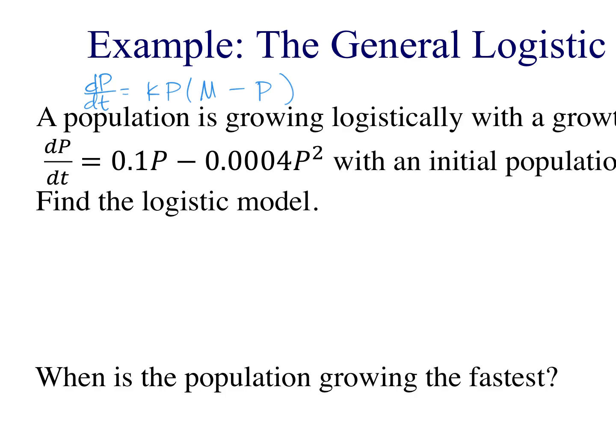The 0.0004. So I'm going to do that by division. So dp dt is going to be 0.0004p on the outside. That's going to leave me with minus p on the inside, but it's also going to change the first term, the 0.01p.